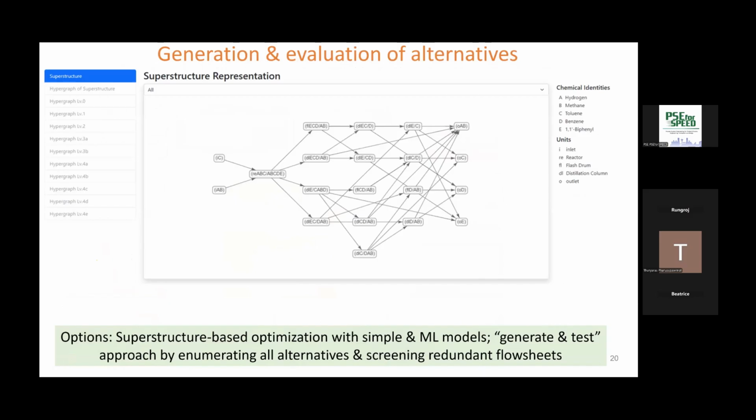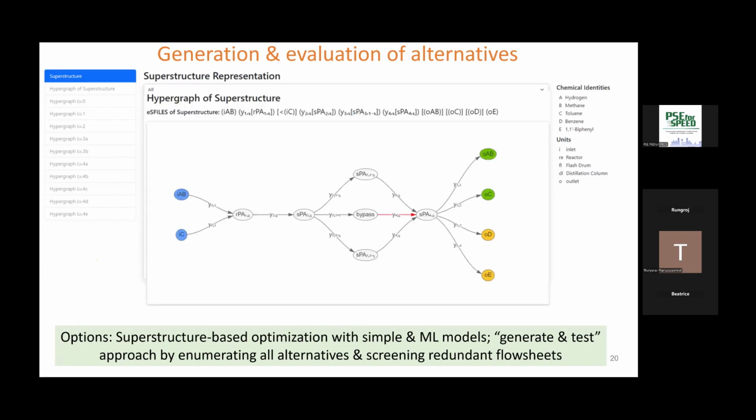So I will quickly show you some screenshots, but later on, the Thai team will present the ProCFD. Here is the kind of flow sheet that you can see in the form of a graph. This graph is a superstructure of all alternatives for a separation of 5 compound mixtures. But we are using hypergraph.